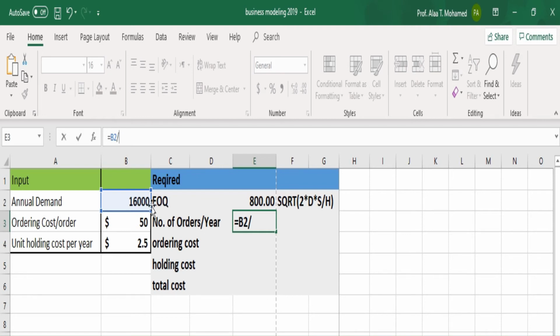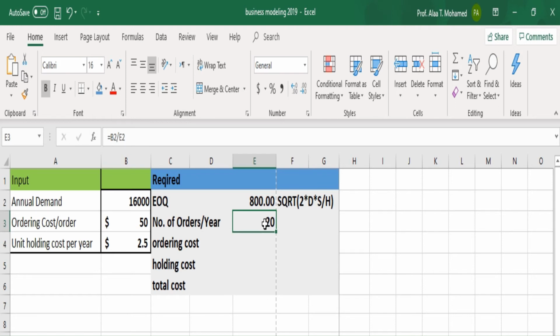So we press here on the economic order quantity, E2, and then enter. So all your needs or annual demand will be ordered 20 times, means you have 20 orders a year.